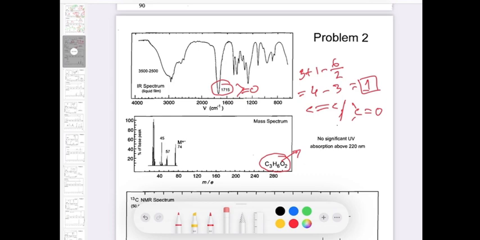So when will it be a carboxylic acid and when will it be an ester? First of all, you have to have a carbonyl group peak, and you have the carbonyl group peak. So this is the carbonyl group peak, like 1715. Now, to be a carboxylic acid, you have to have a weird cow-udder shaped band from 2500 to 3000.